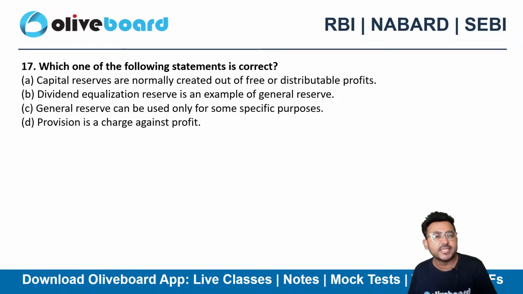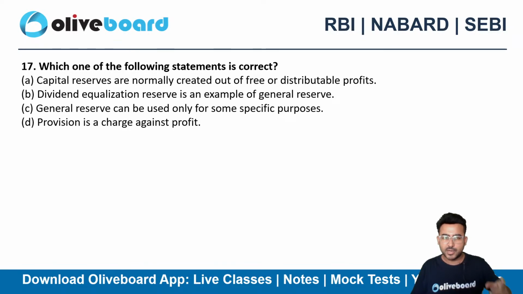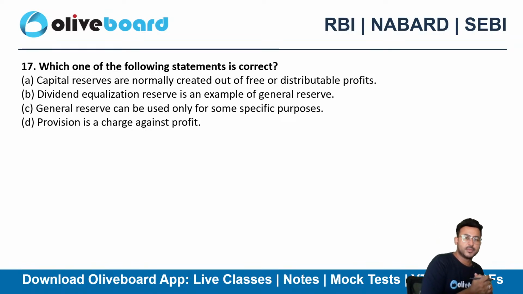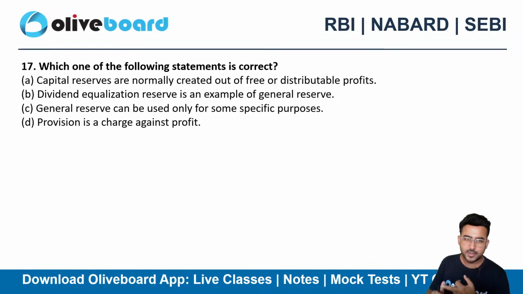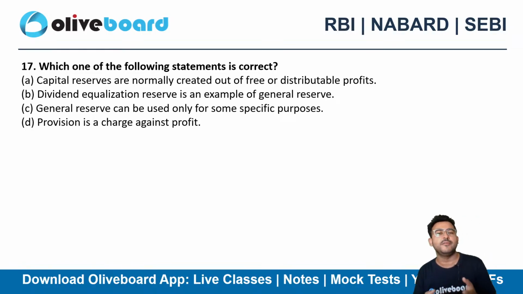Which of the following statements is correct? Statement A, capital reserves are normally created out of free or distributable profits. Statement B, dividend equalization reserve is an example of general reserve. Statement C, general reserves can be used only for some specific purpose.